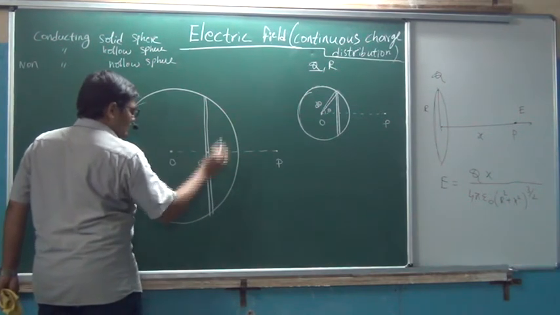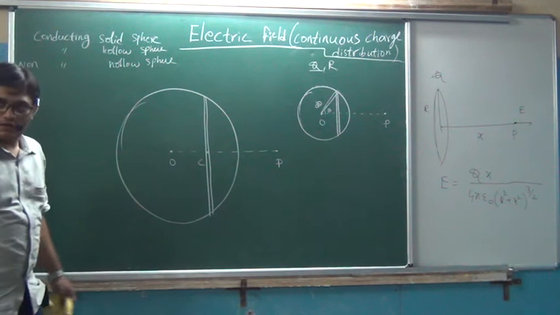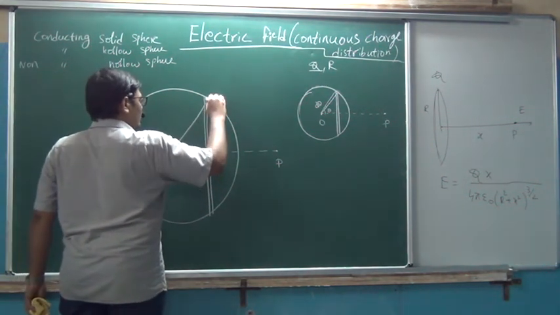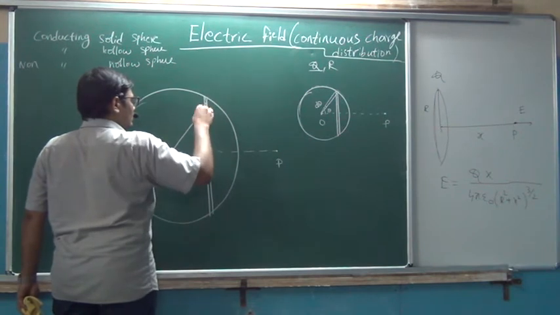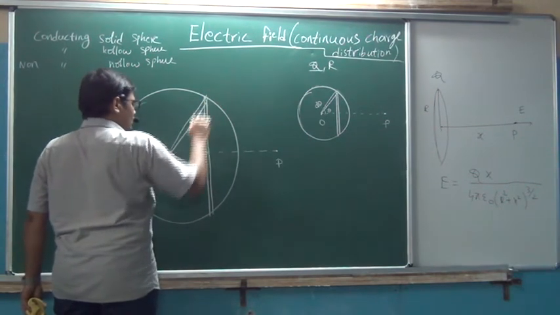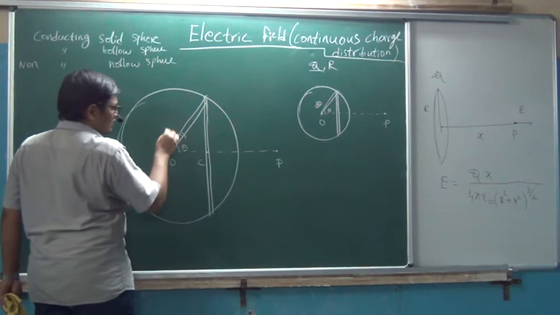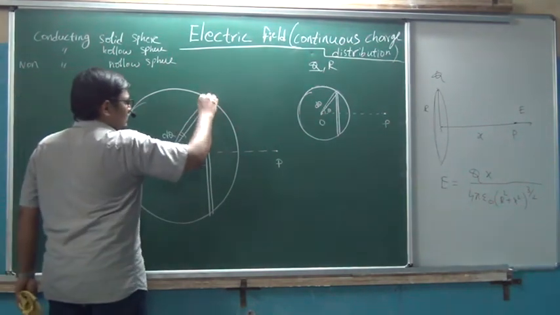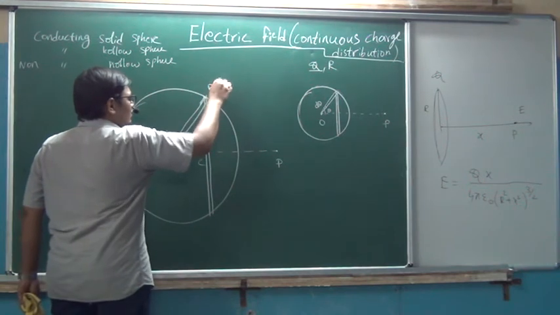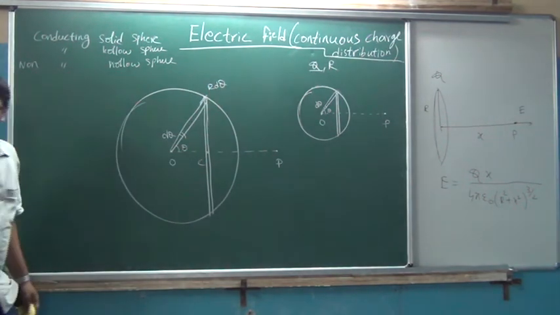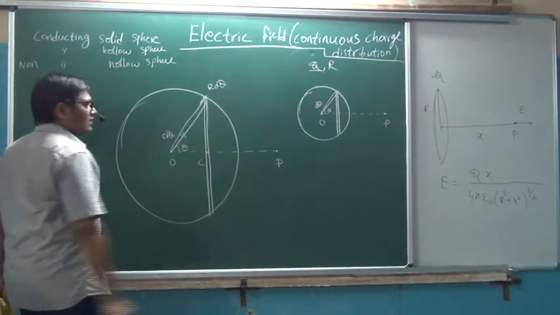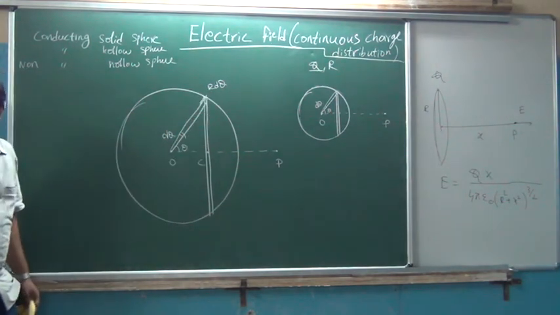This is the center of the ring C. And the angular position of this ring is theta, and this is d theta. Then what is this thickness? Lateral thickness r d theta. And this is nothing but r d theta.